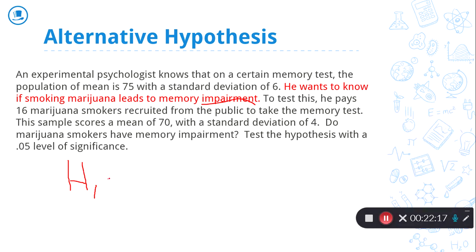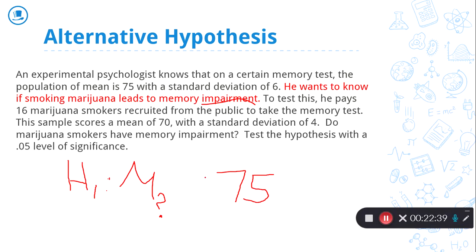Alternative hypothesis. Well, we're still speculating about the unknown population of marijuana smokers. We still have the same reference population. We know in this test, people without marijuana have a score of 75 on average. This person wants to see if marijuana smoking leads to memory impairment.